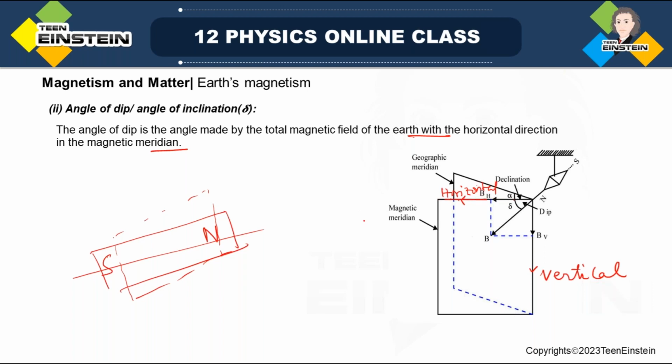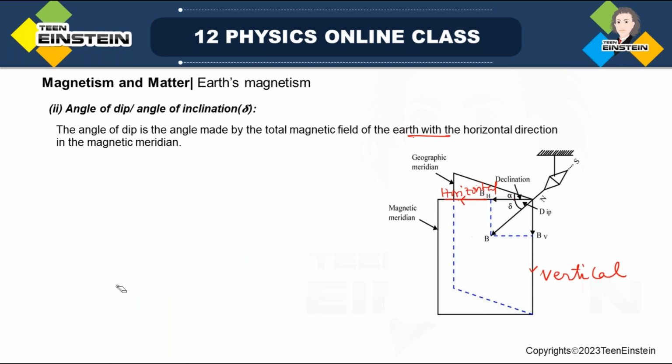Now see the angle definition-wise, the angle of dip, or angle of inclination, is the angle that the total magnetic field of the earth makes. Suppose this is the total magnetic field B, which is making an angle delta with the horizontal direction of the magnetic meridian.